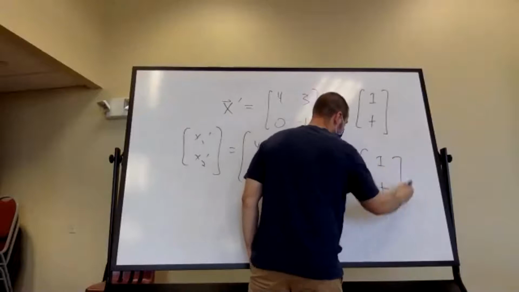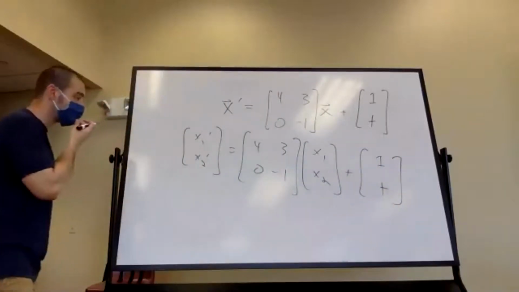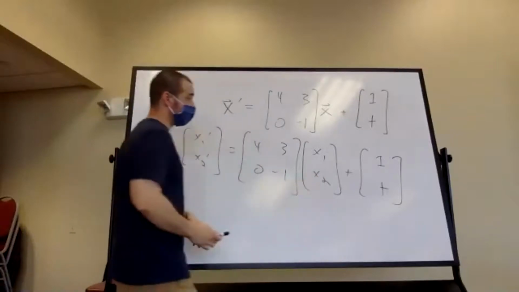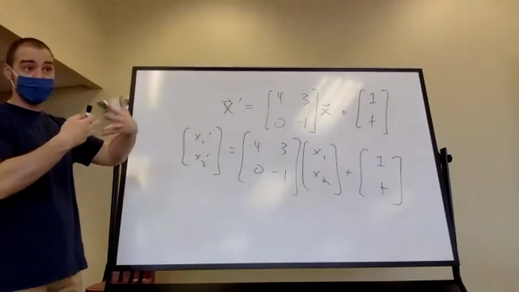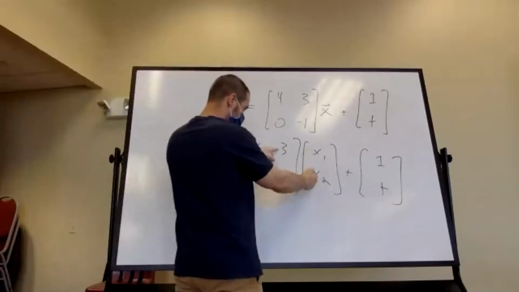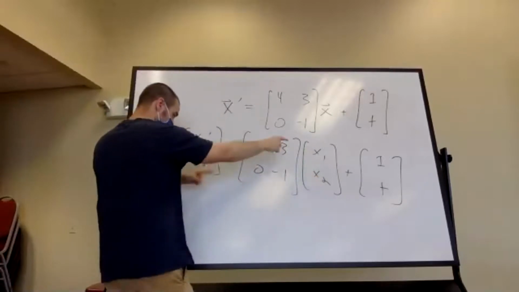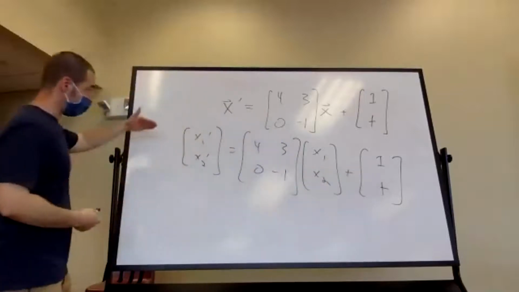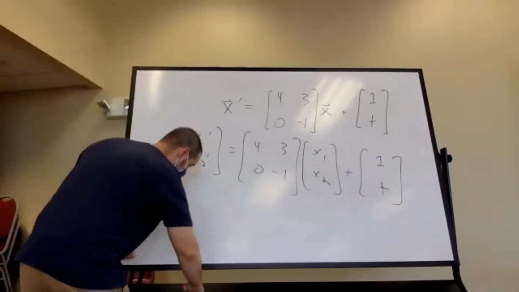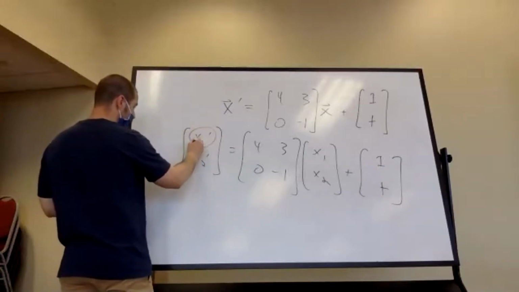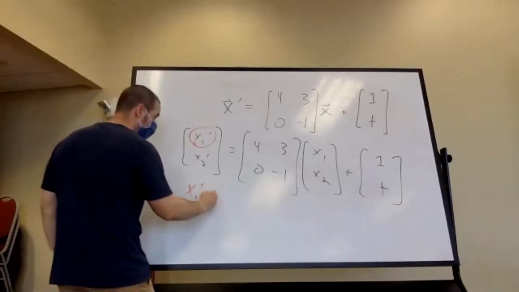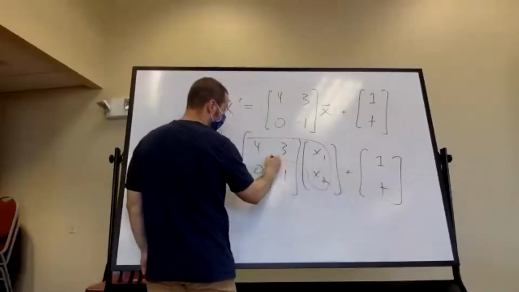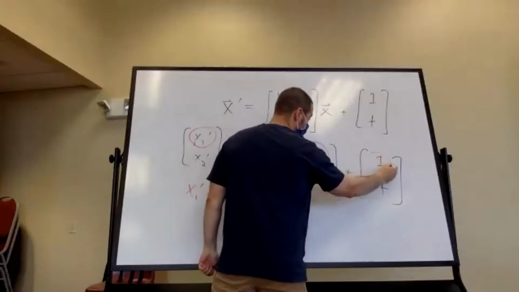Okay, so on the right-hand side, I have matrix times vector, which would give me a 2-by-1 vector if I multiply them. I get 4x1 plus 3x2, and then the bottom entry would be the other one, and then plus 1. So I can take this notation and just read across the top. x1 prime has to equal 4x1 plus 3x2, plus a 1.